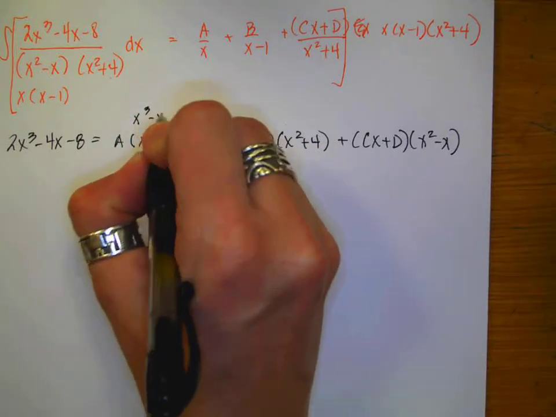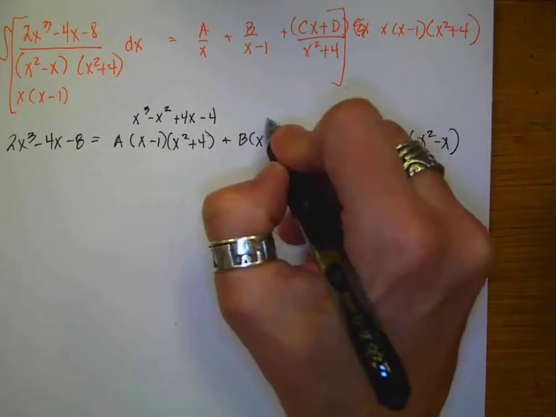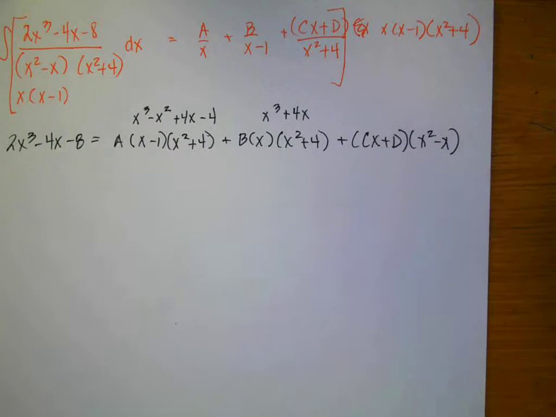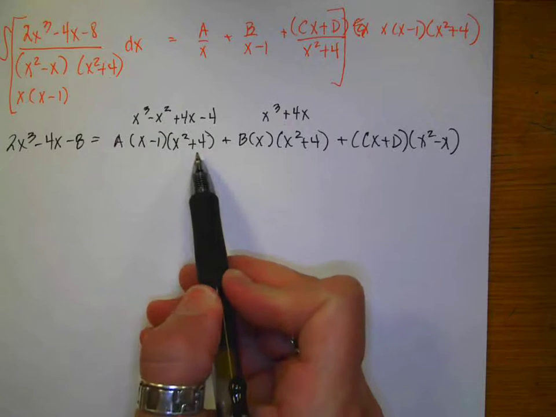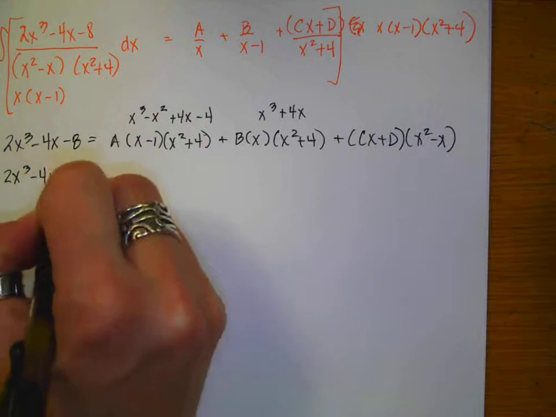If I expand this guy, I get x cubed minus x squared plus 4x minus 4, and then this one's going to be x cubed plus 4x, and then this one's already done, okay? I do that because if I manage this separately, I'm less likely to make as many mistakes.